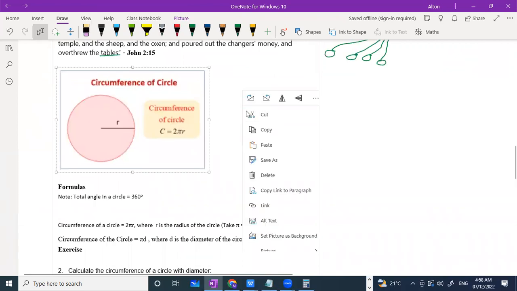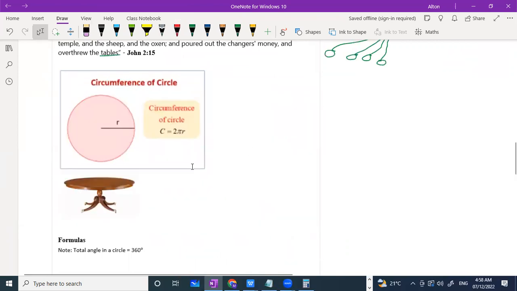So let's compare. If you look at the top of this circular table, it will resemble a circle. And we may be asked to find the circumference of this circle. And there's a formula that we can use. It's written right here.